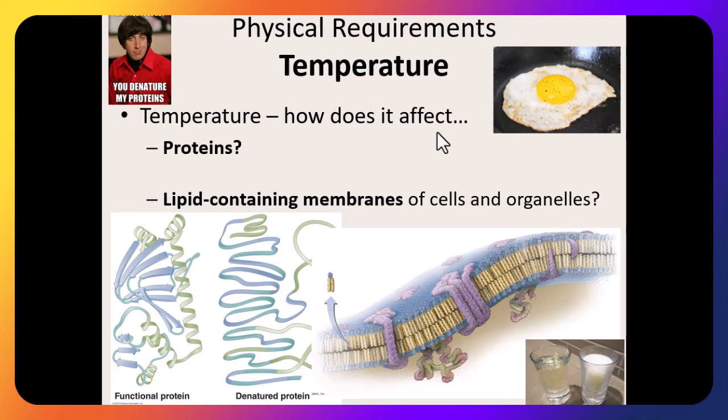That's not great for a cell membrane either, because stuff still has to get out, stuff still has to get in, and stuff still has to move and shift around a little bit. If you harden that cell membrane, it also can't function. So depending on the bacteria, there is their happy temperature, but anything too hot or too cold can negatively affect proteins and lipids.